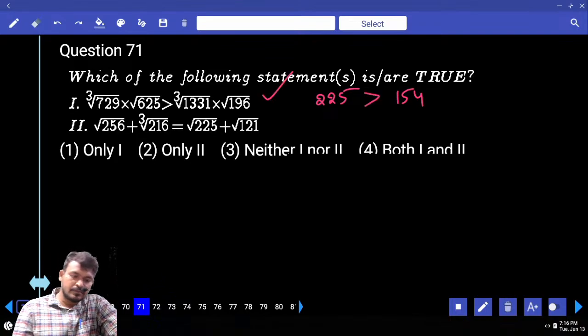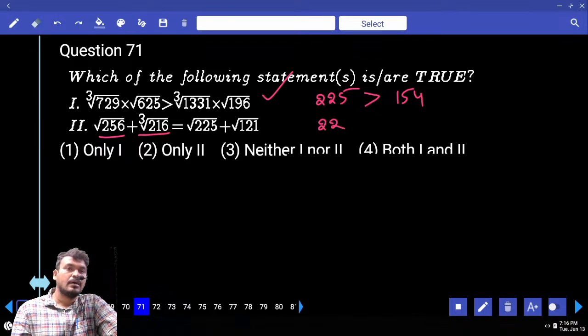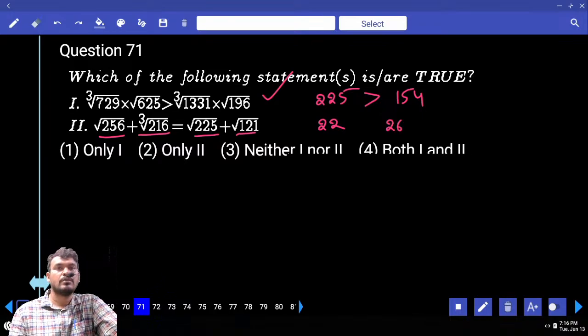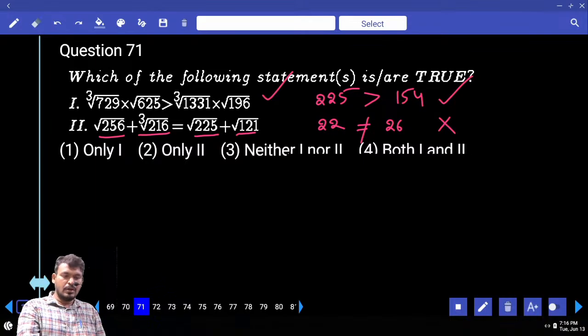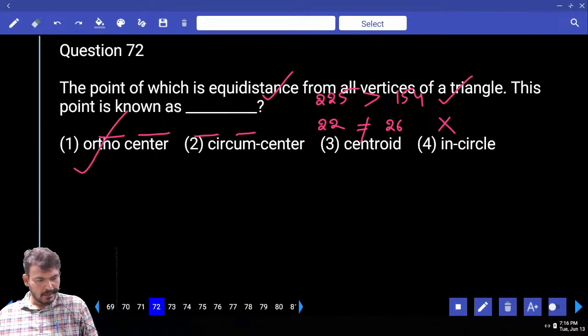What is the second one? Square root of 256, 16. Cube root of 216, 6. Total it is 22. Next, square root of 225, 15. Square root of 121, 11. 15 plus 11, 26, equal? No. Means only one is true. One is true, second one is false. Then the answer is only one.